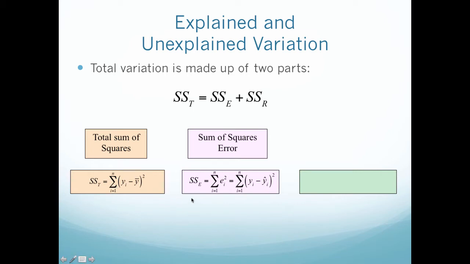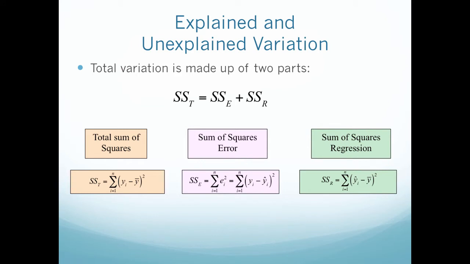The error sum of squares is each residual squared and then all added together. And then my sum of squares regression is going to be the difference between my predicted y value, or the y value on my line, minus my mean y value, quantity squared, all added together.